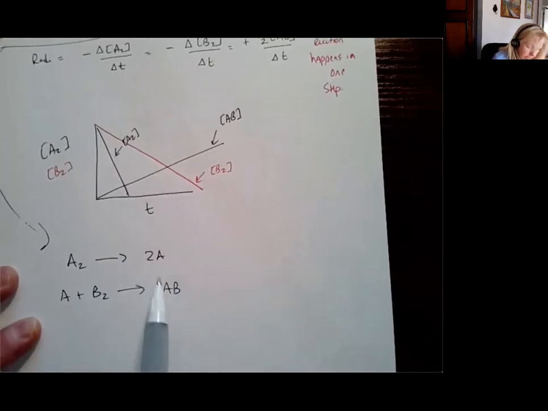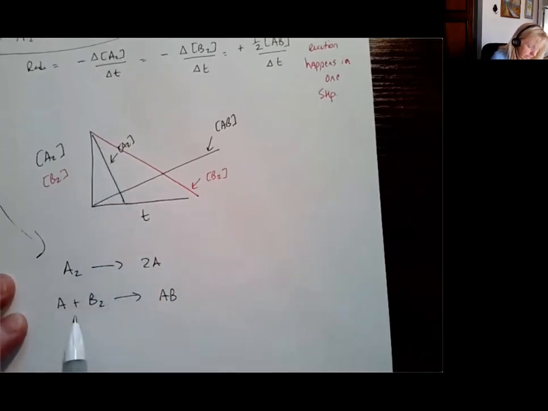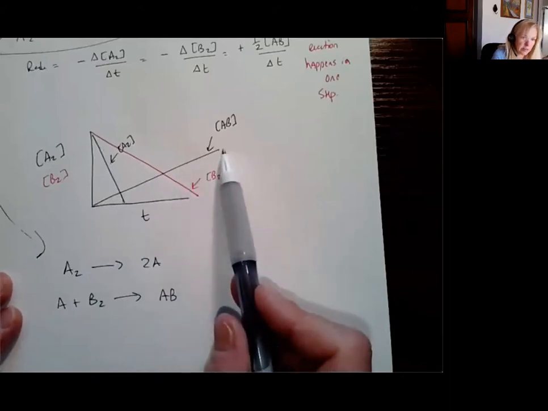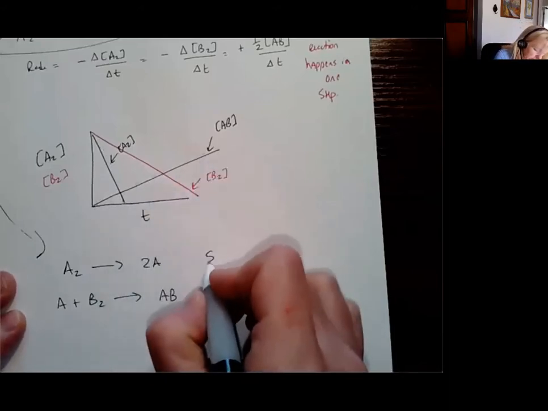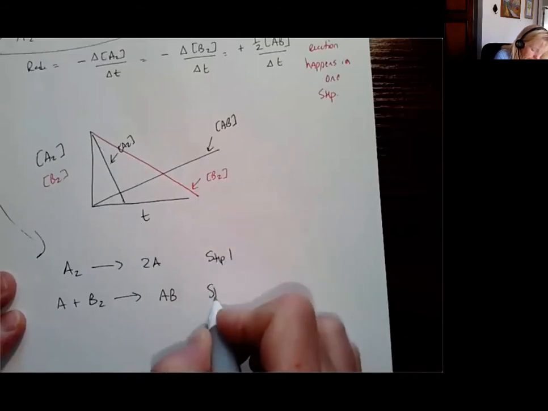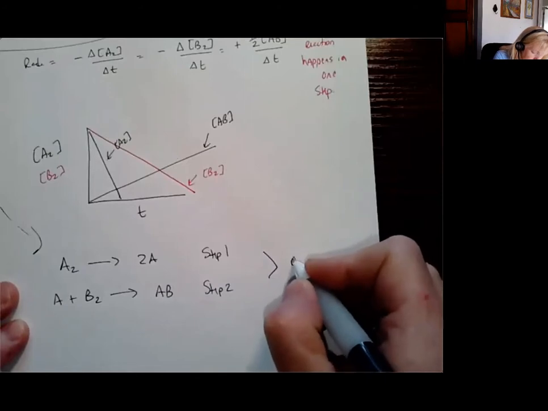Now I have a 2-step reaction. This may happen really fast, so I would see A2 going away really quickly, and then this would be my slower step. This is going to be what determines the rate of that product being produced. And so step 1 would have to happen, and then step 2 would have to happen, and then these two together would be the overall reaction.